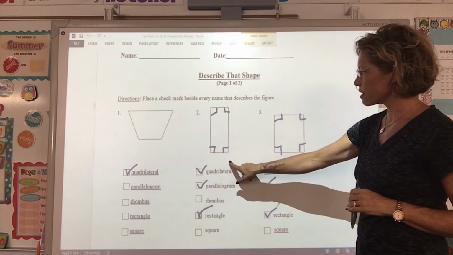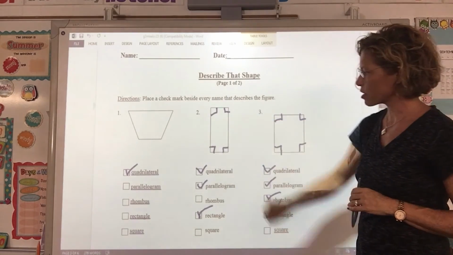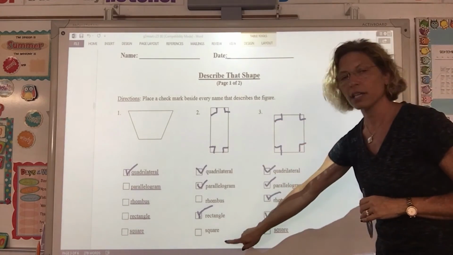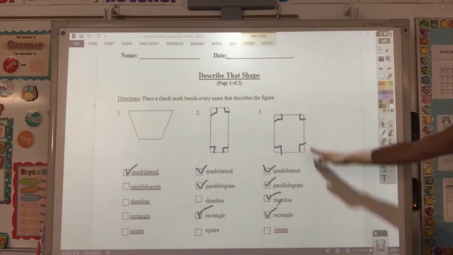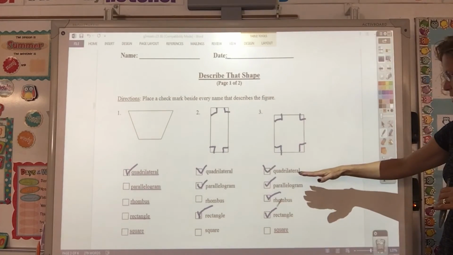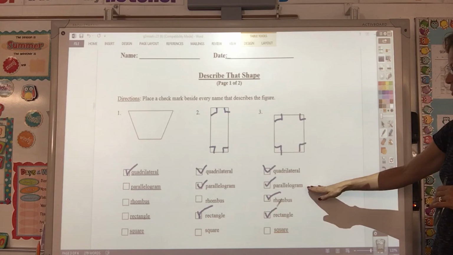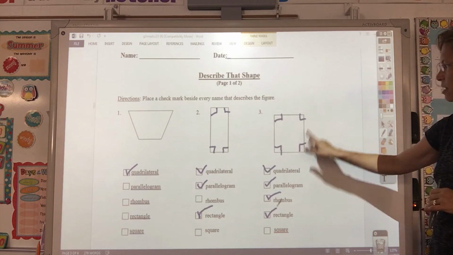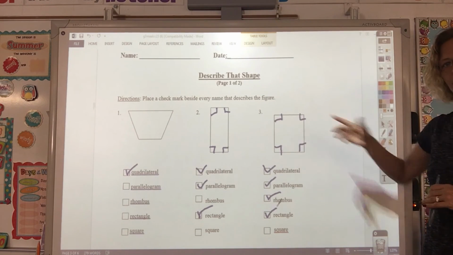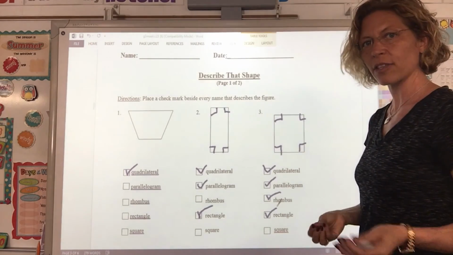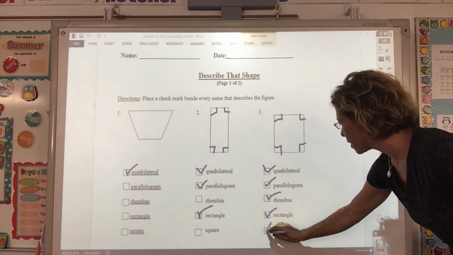And a rectangle doesn't. A rectangle has two longer sides. So a rectangle is not a square. And finally, a square is a square. It's four sides, parallelogram, it has four right angles, and all the sides are the same size, so the same length, so it's congruent, so it is a square.